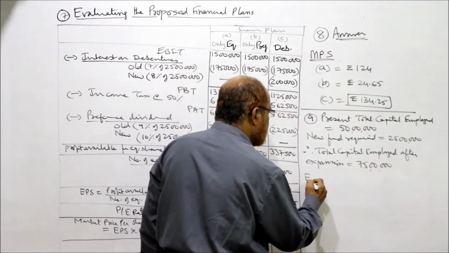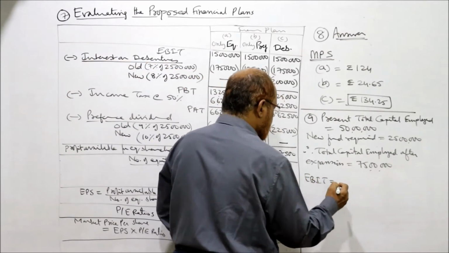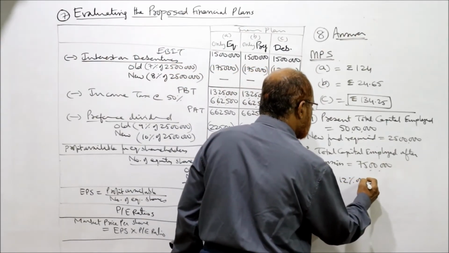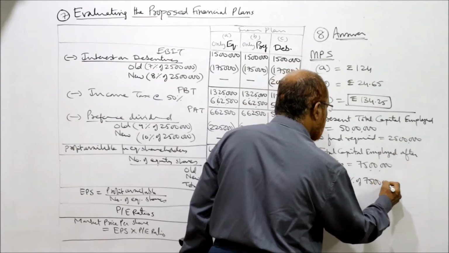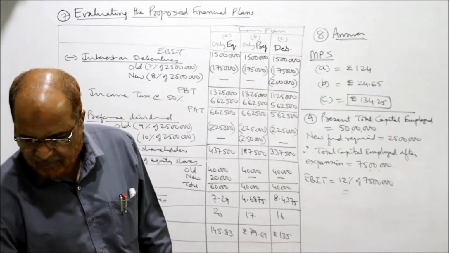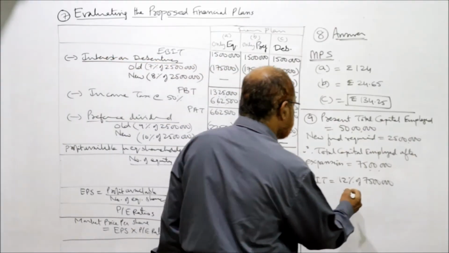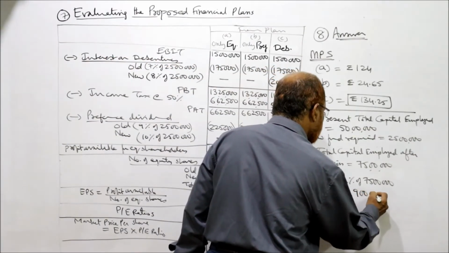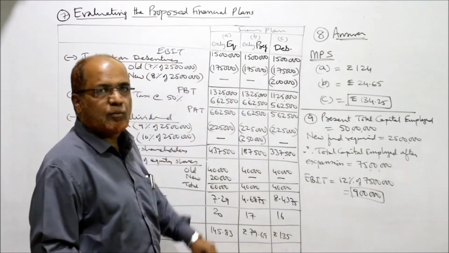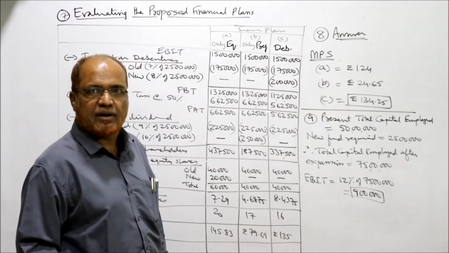So EBIT is equal to, what is the percentage? 12% of 75 lakh. So 12% of 75 lakh will come to 9 lakh. So you have to begin with EBIT of rupees 9 lakhs, right?